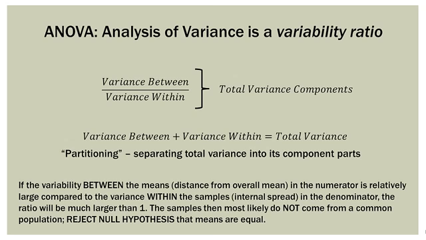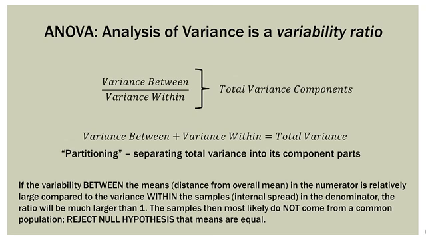If that's the case, then the samples most likely do not come from a common population. So we would reject the null hypothesis that these means are equal or come from the same population.